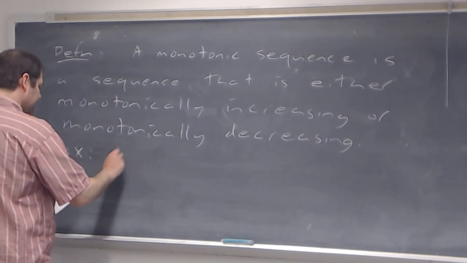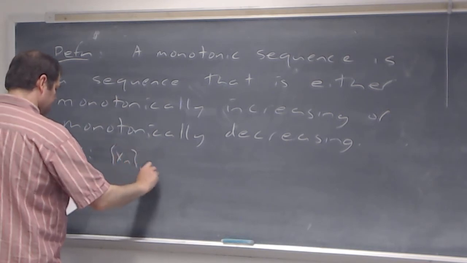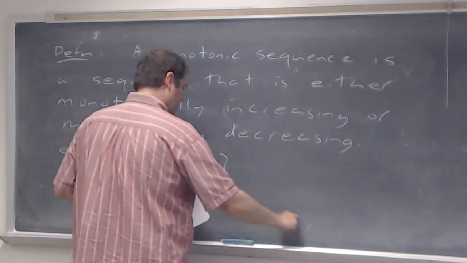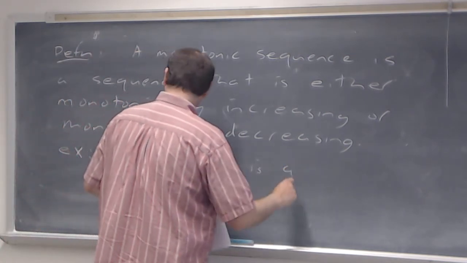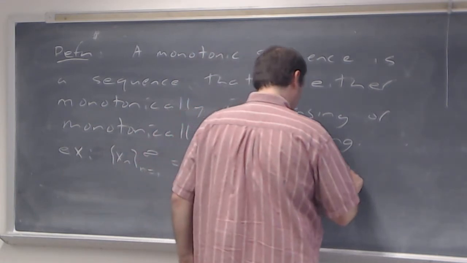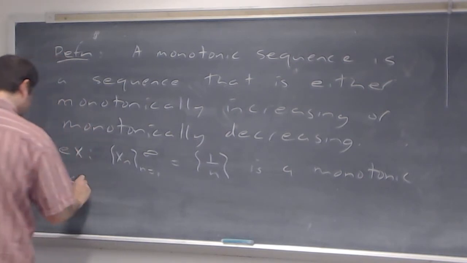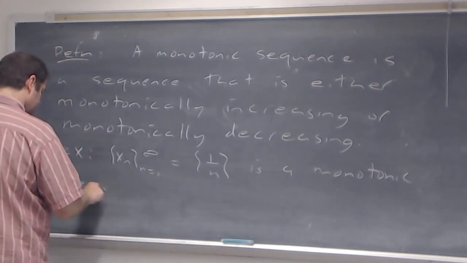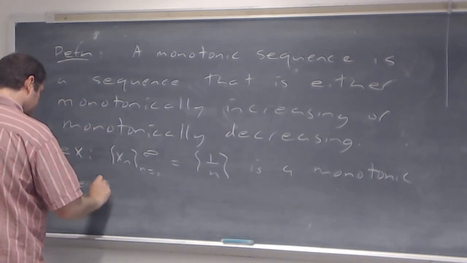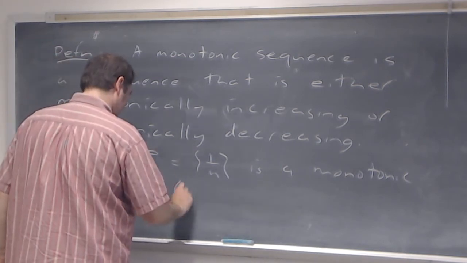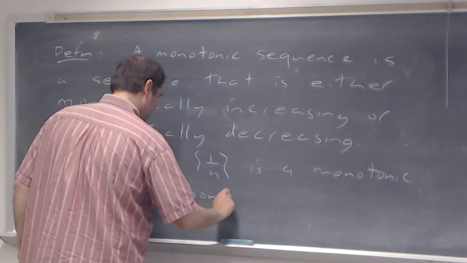So if we let x sub n equal 1 over n, then it is a monotonic sequence. In particular, it's monotonically decreasing.